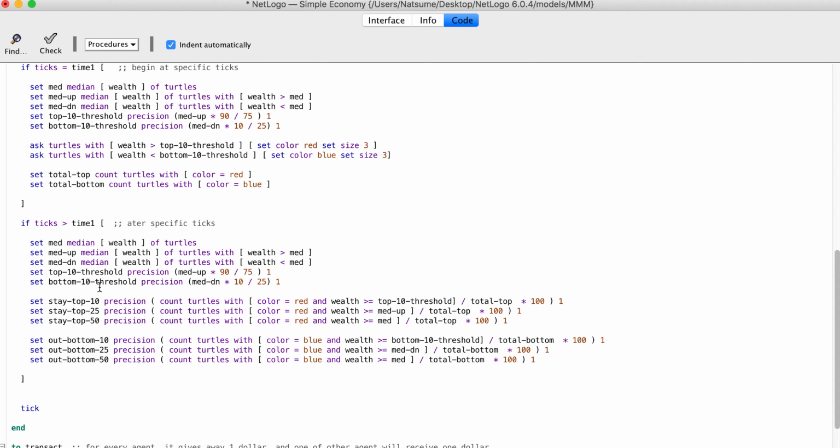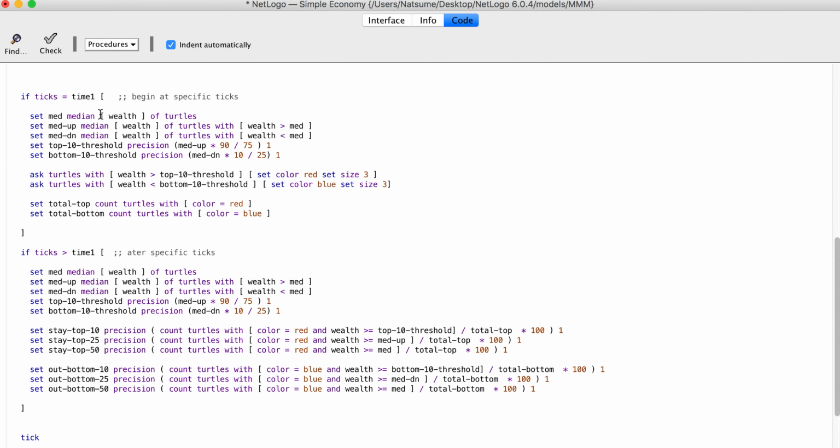And then we will count the total number of turtles who belonged to the top 10% when the ticks equals 2,000, and also the same turtles should belong to the current top 10%.